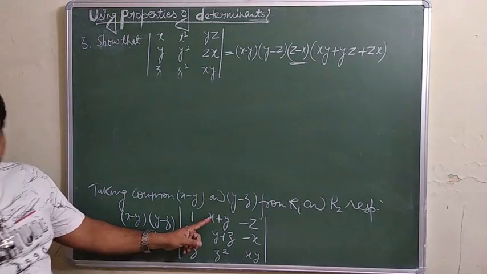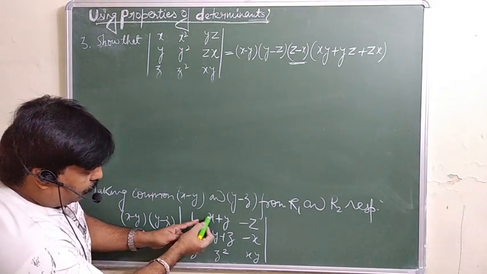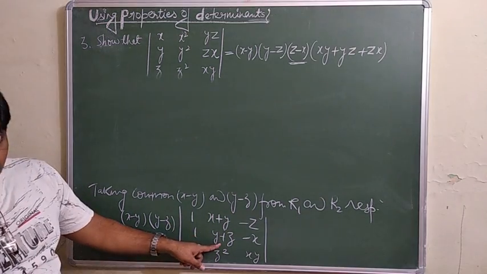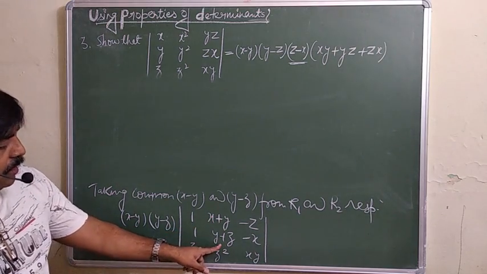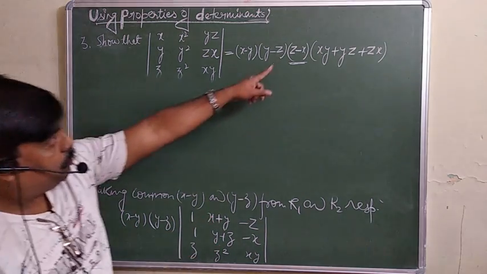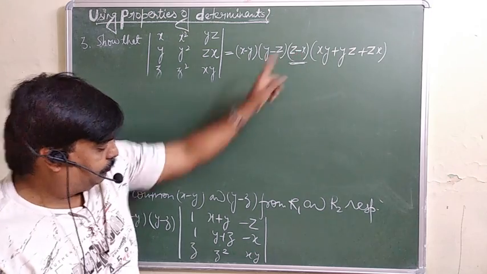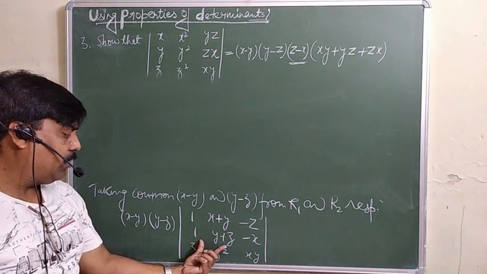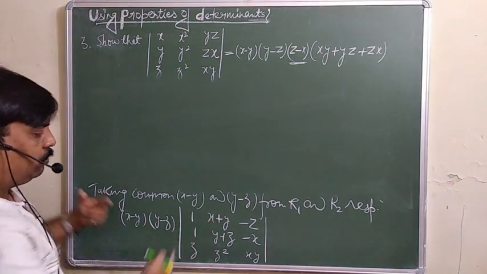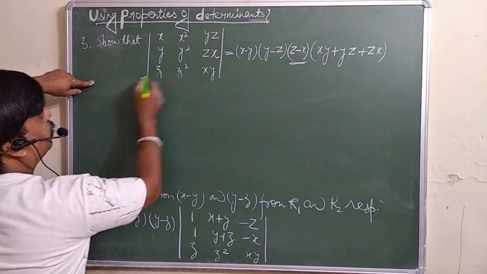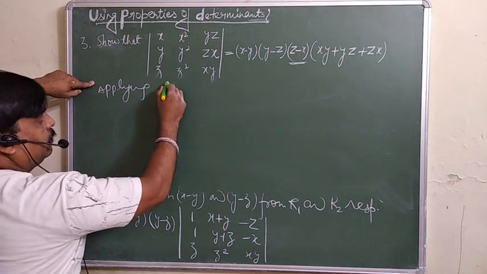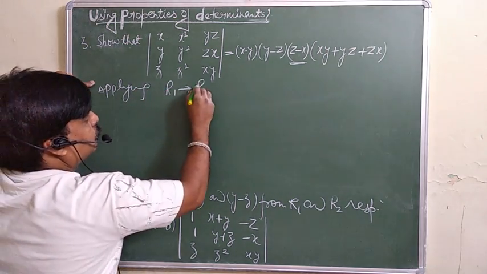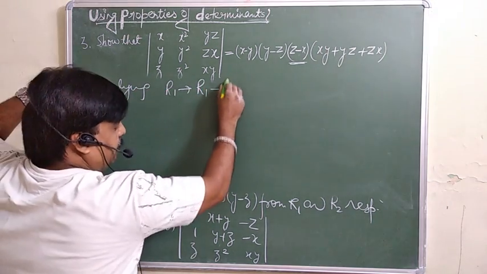So z minus x you can get from here only, if from the first row we subtract the second one, because we want z minus x here. Or from the second row you can subtract the first one, anyhow you can do. But I am going to just apply it here. From the first row, I am going to subtract the second one.